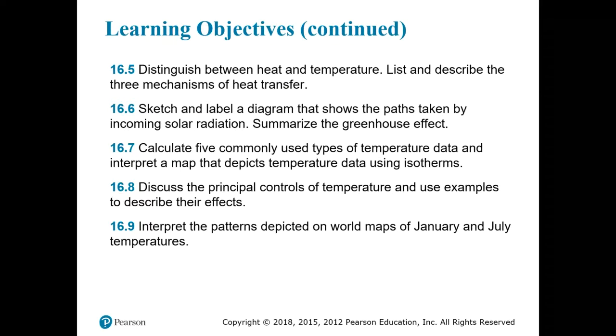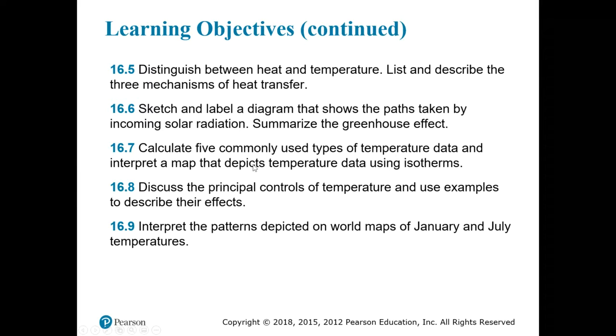You need to know the difference between heat and temperature, and how heat can be transferred, like latent heat, the hidden heat. Be able to sketch and label a diagram that shows all of the incoming paths of radiation and what happens to it. There are 5 commonly used types of temperature data for interpreting temperature on a map. Isotherms are just lines on a map that connect equal temperatures.